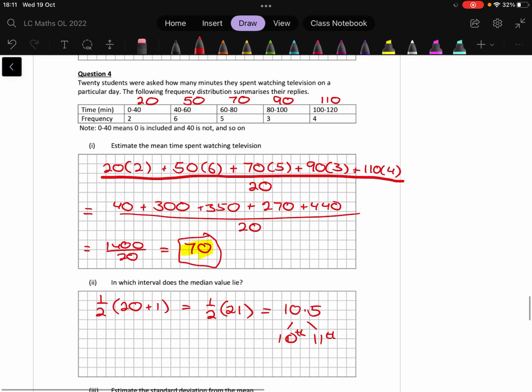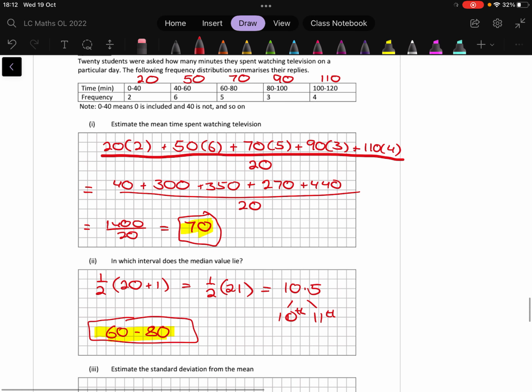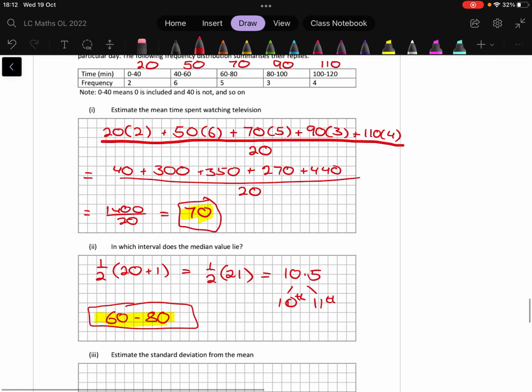We see that 0 to 40 has 2 people, 40 to 60 is 6, which brings us to a total of 8. And then 60 to 80 has an additional 5, which will bring us to a total of 13. So that says to us that the median interval is going to be in that 60 to 80 mark. Interestingly, that's also where our mean came from. That value of 70 would fall in that same bracket.